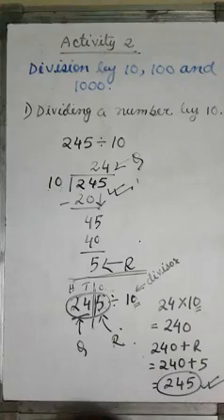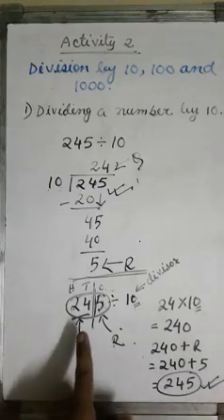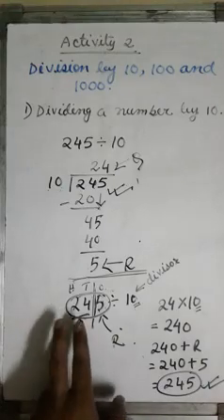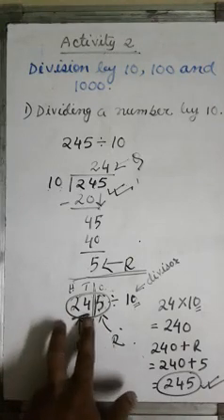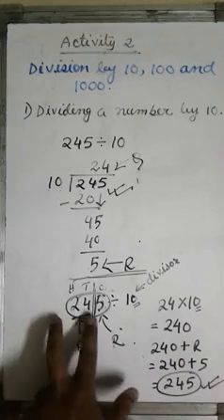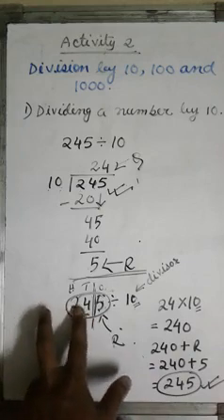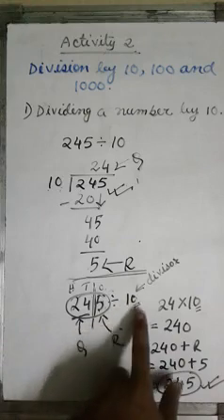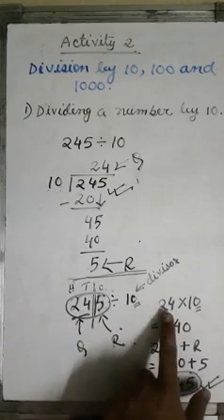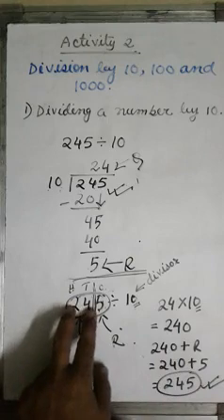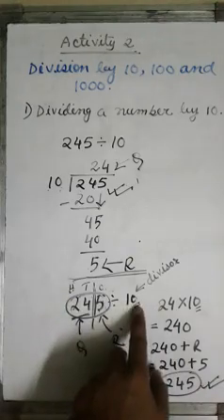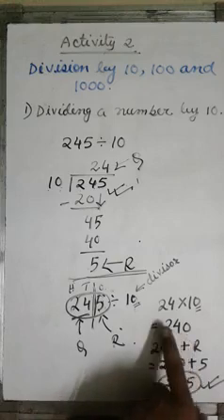So I can see that when we separate the ones digit, that will be remainder, and the number formed by the rest of the digits, 2 and 4, will be the quotient if we divide by 10. So to prove that it follows the division algorithm, this quotient, this 24, we shall multiply by 10.